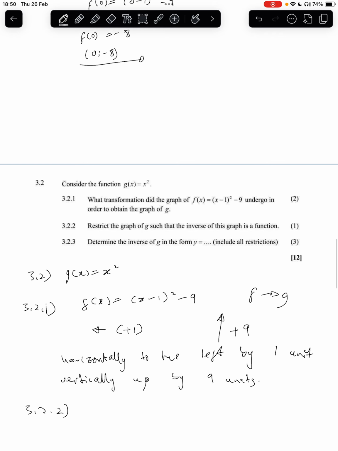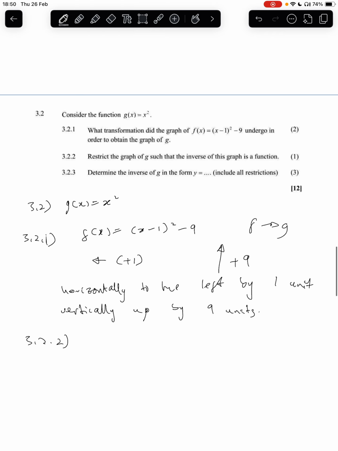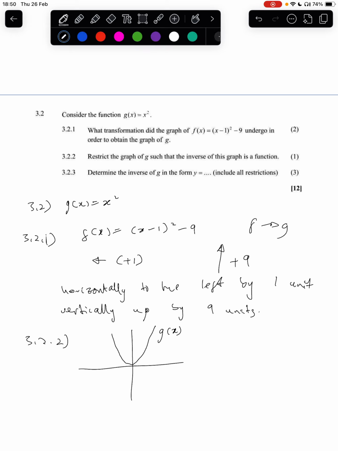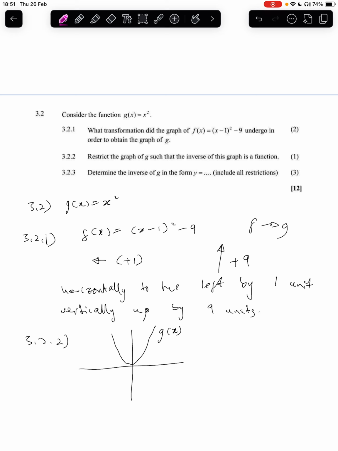3.2.2. Restrict the graph of g such that the inverse of this graph is a function. Okay. So the graph of g, which is x squared, looks like this. This is the graph of g. Now, if we get the inverse of this, we have our mirror line, which is y equals x.